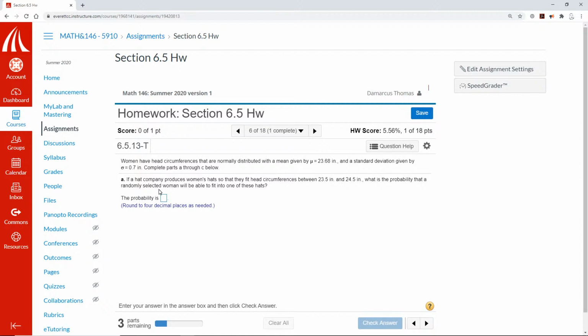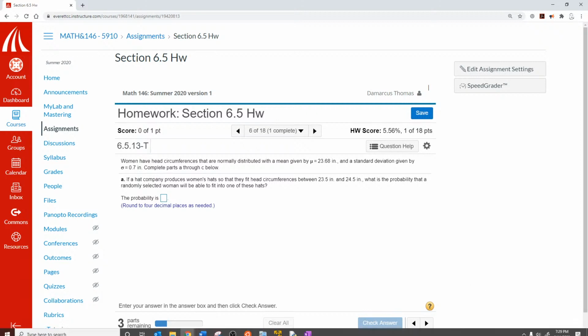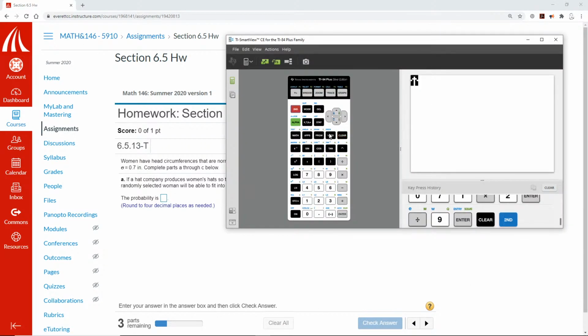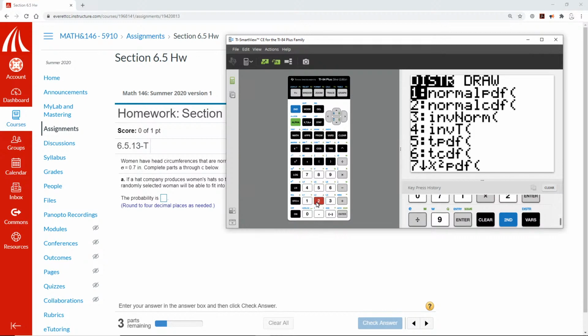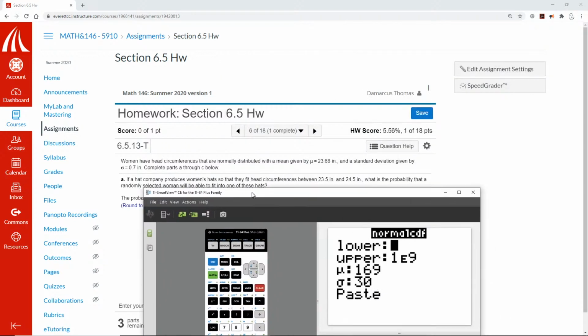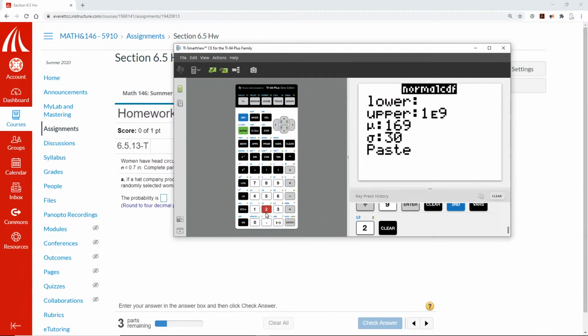So the first thing, I'm going to show you exactly what you do for this one. For part A, it's just normal CDF. Okay, watch me do this one. Just normal CDF. What's my lower bound? 23.5.